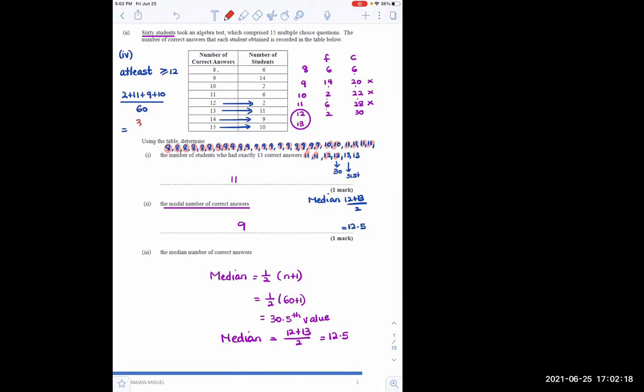Yes, 32 over 60, which is the same as 8 over 15.